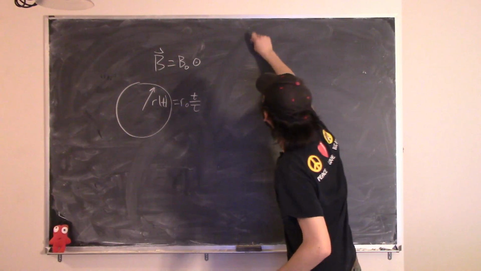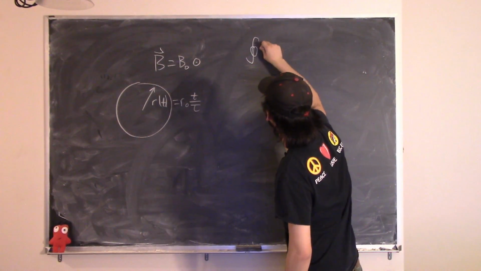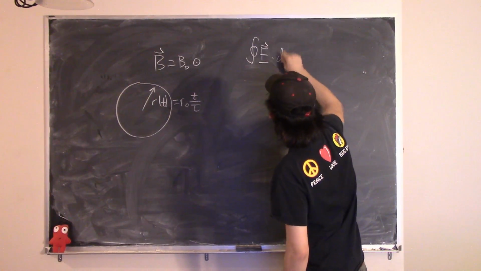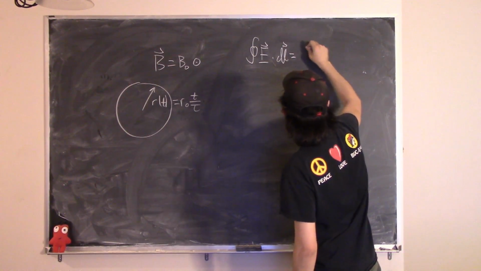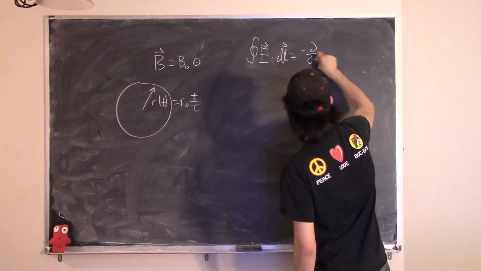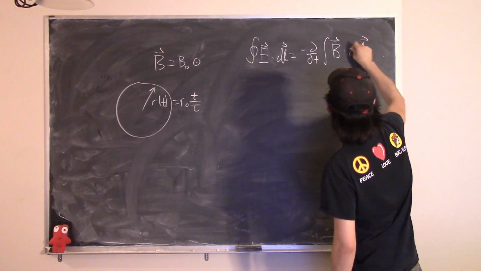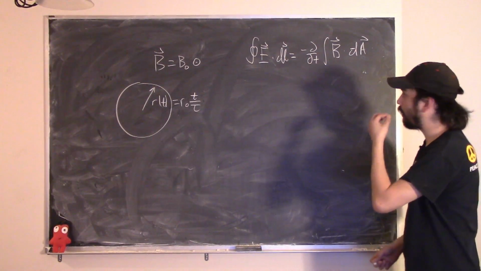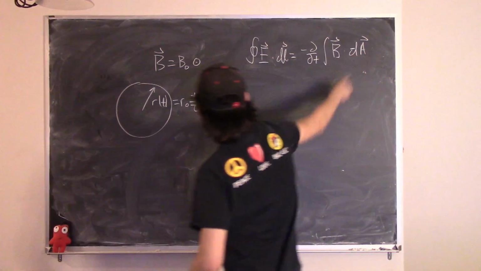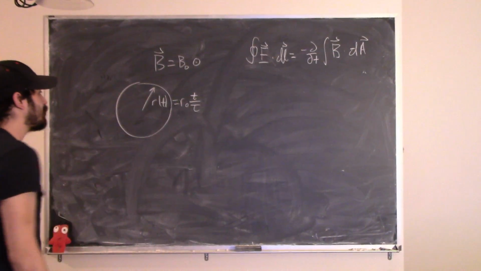The first thing that we can do is write down Faraday's law. The integral of E dot dl is equal to negative partial derivative with respect to time of the integral of B dot dA. Again, the first thing I like to do is define the direction of my dA.